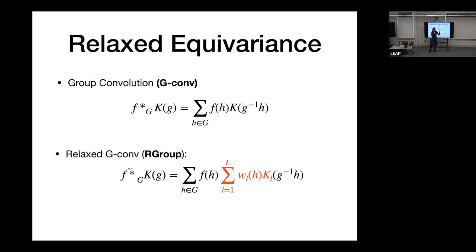Because these coefficients now depend on the input, it's no longer perfectly equivariant. Depending on how many basis functions or kernels L we put into this equation, we can break the symmetry by different amounts. If we have L equals 1, this equation reduces to the perfectly equivariant case. And if we have a very large L, then the relaxed group convolution will be closer and closer to the model without any symmetry. So this way gives us, yes.